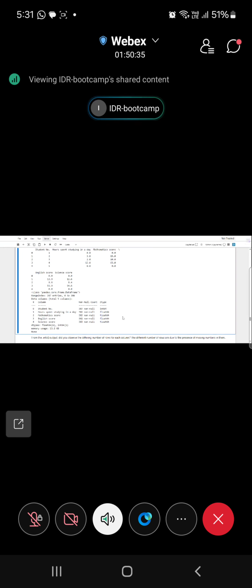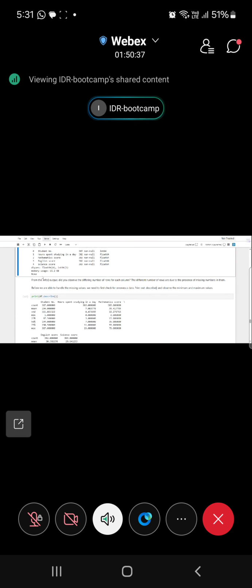There are two ways to do it. As Akhilesh and Siddharth rightly mentioned, dot info gave this observation that for different columns the number of rows is different. That means the volume is different. How can we handle this?